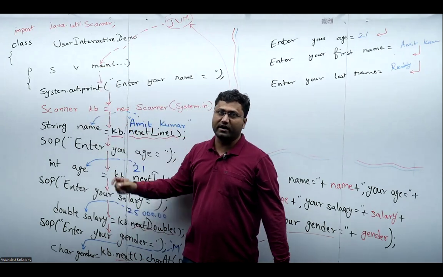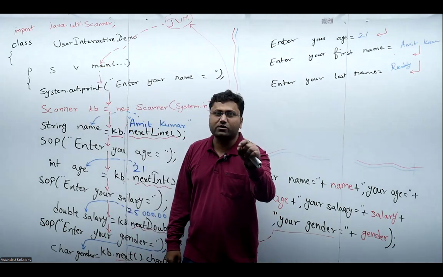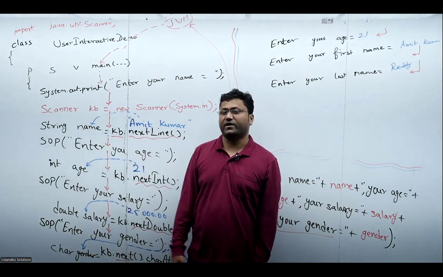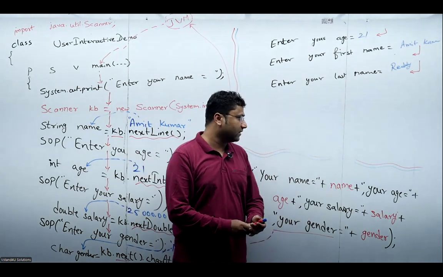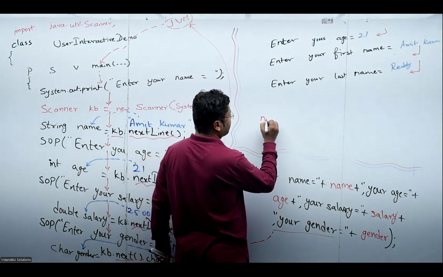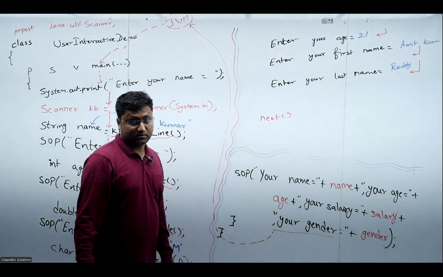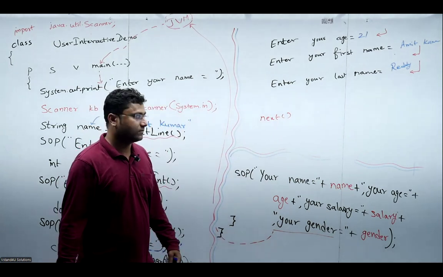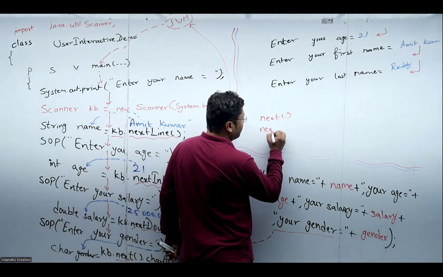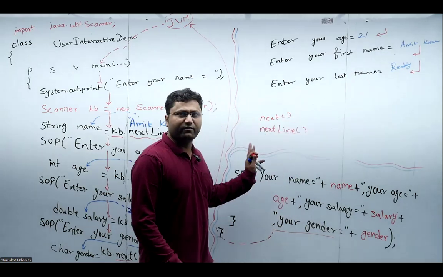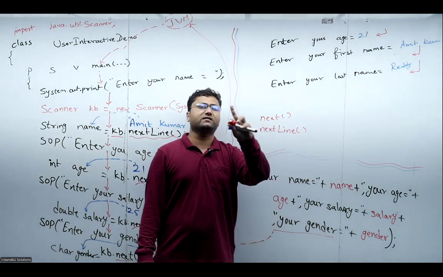Hope you remember, initially only I told. Whereas the next method reads data unless there is a space. If a space comes, it will stop reading. Whereas next line reads the entire line of whatever characters are there, everything it will read as input.